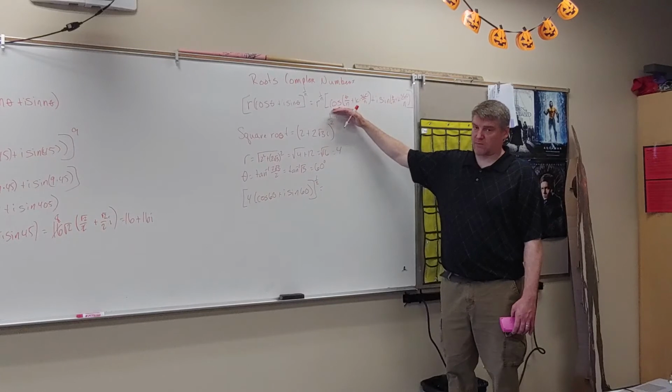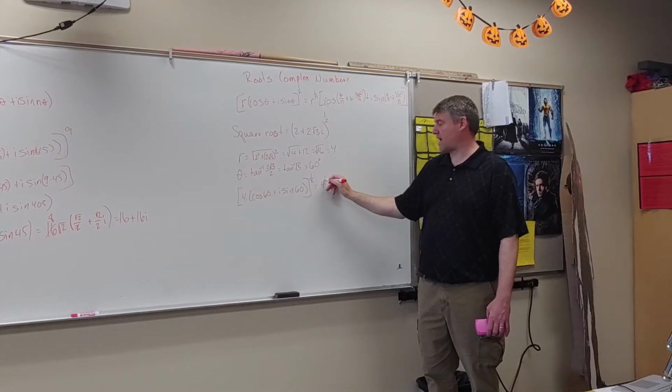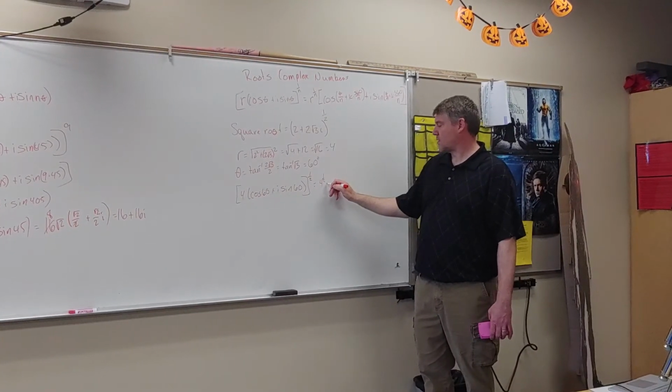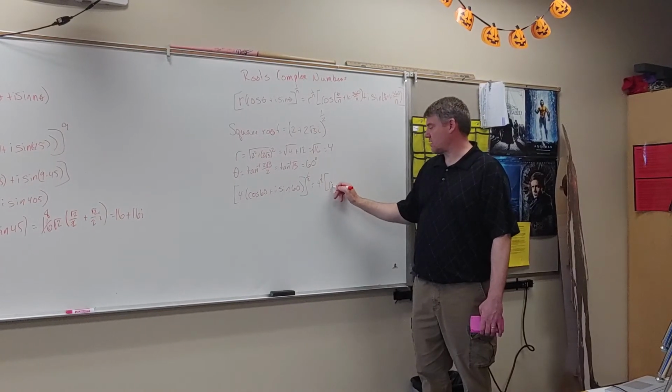Now I'm just going to follow my formula. So this becomes 4 to the half power, times the quantity cosine.